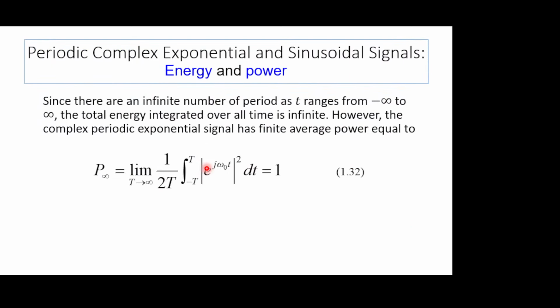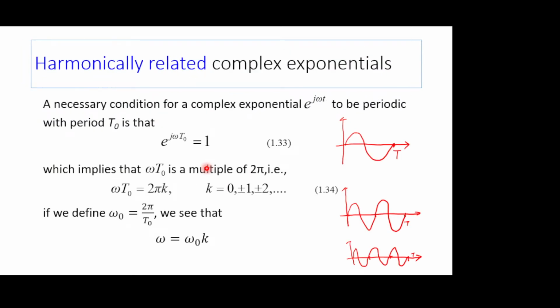Okay. Now let's go back to quite an important concept: the harmonically related complex exponentials. Basically, we want to study what are the complex exponentials that have a period T0.